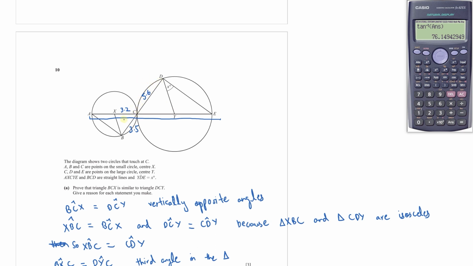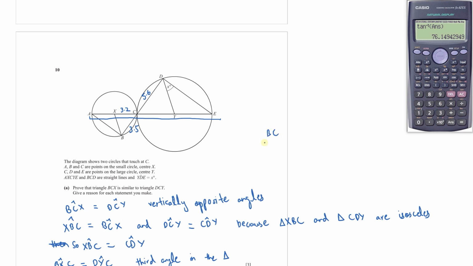So since we proved that triangle BCX is similar to triangle DCY, we can use the property of similar triangles, where the ratio of their corresponding sides will be equal. So that means this side BC and this side DC.